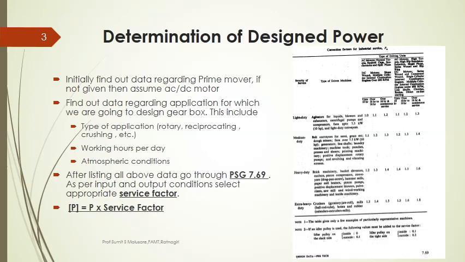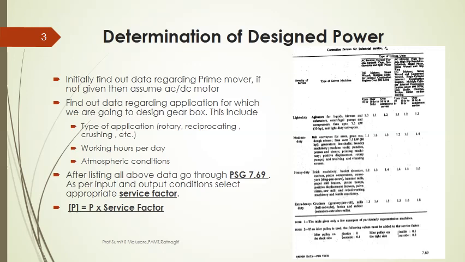Okay, similarly, find out the data regarding the output. So what kind of machine is the output machine? Is it a reciprocating machine, a rotary machine, a crushing machine, or what kind of machine? Then the working hours per day and the atmospheric conditions.